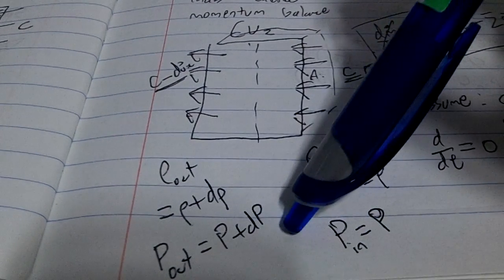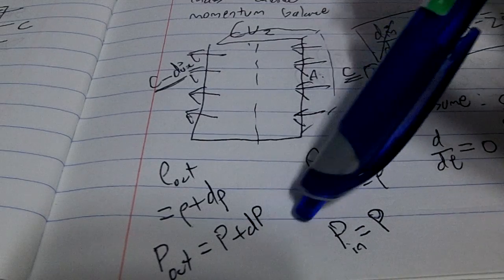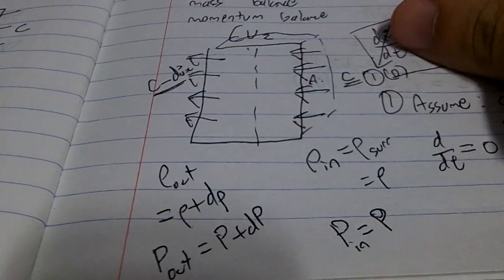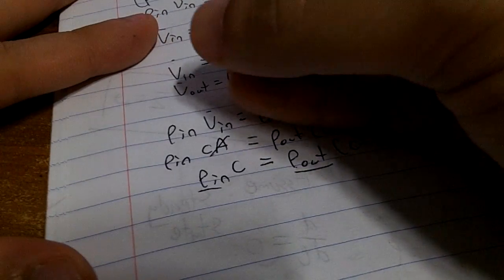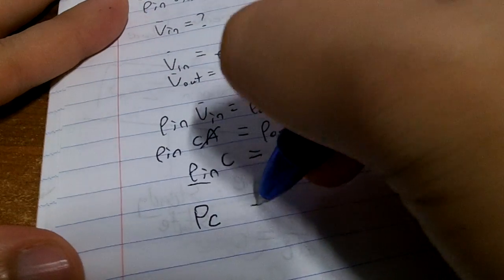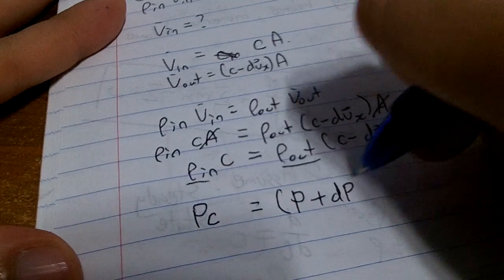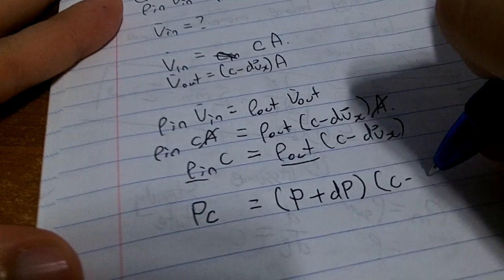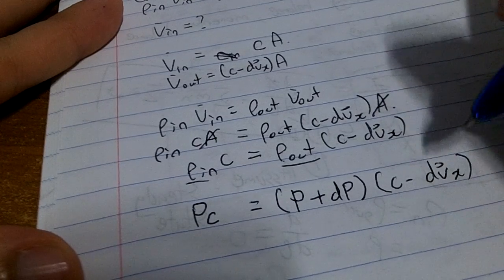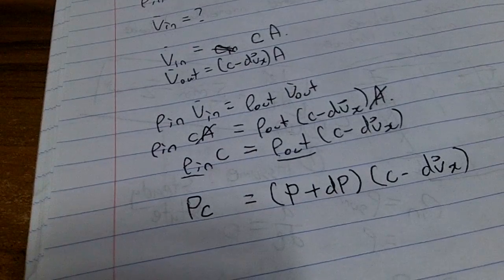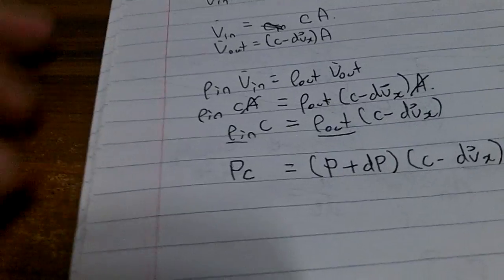P out, since there's a sound wave, there's a small little change in pressure. I'm going to substitute that back into our equation. So we have rho C and rho plus d rho, C minus dVx. Both sides are equivalent.